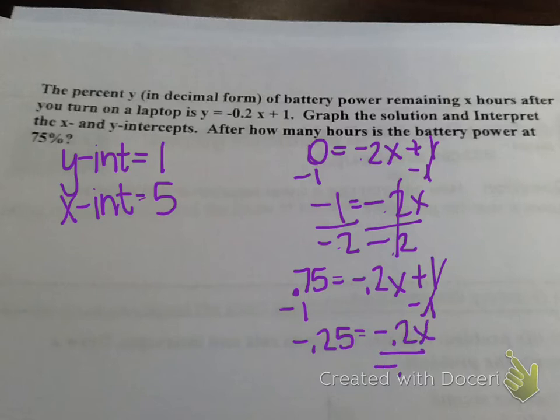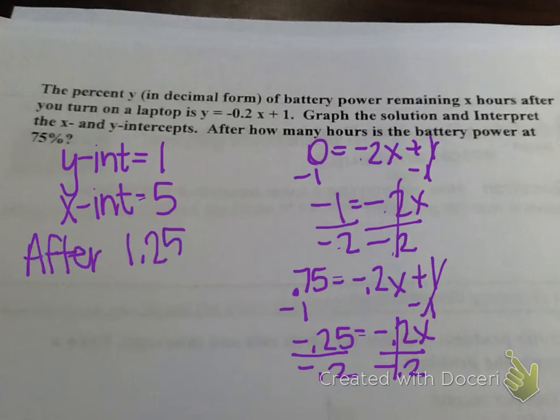Divide by negative 0.2. And I get after 1.25 hours.